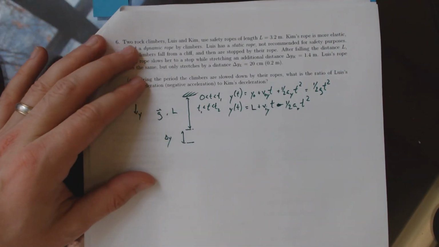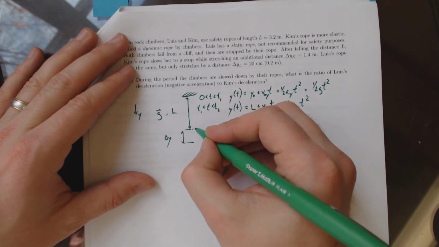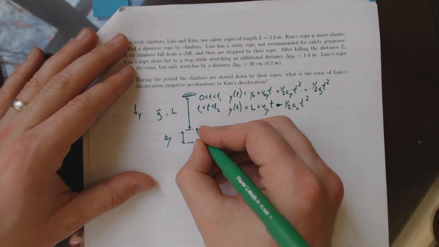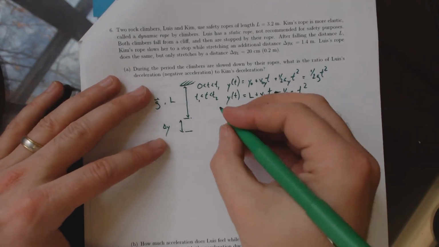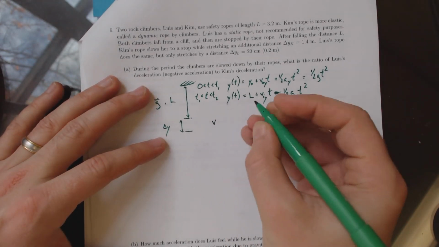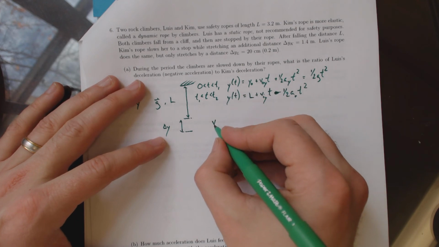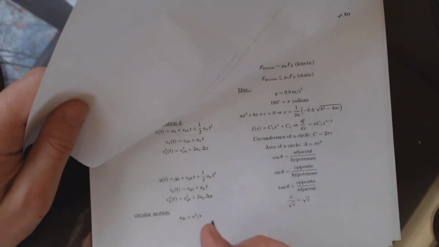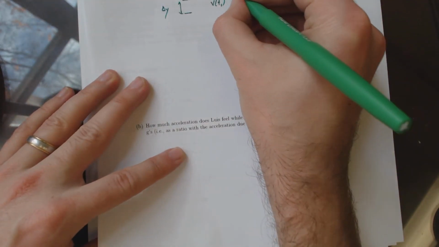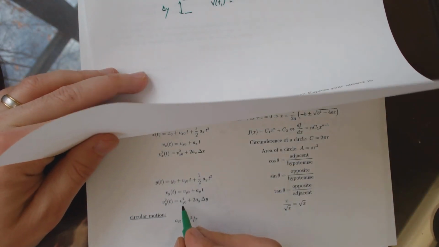Okay, so here I want to figure out what is my velocity when the rope just becomes taut. So my velocity at time t equals 1 squared is equal to my initial velocity squared.